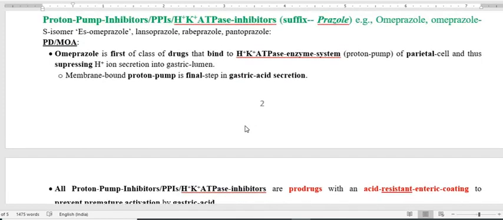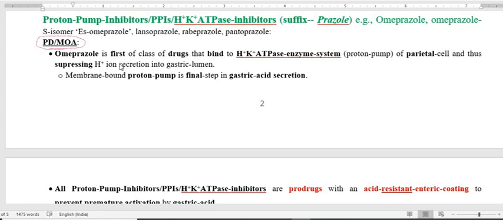Now we have to discuss how this drug is acting, that is, the mechanism of action of the proton pump inhibitor. If you want to define this in a simple way, as the name indicates, this is a proton pump inhibitor.